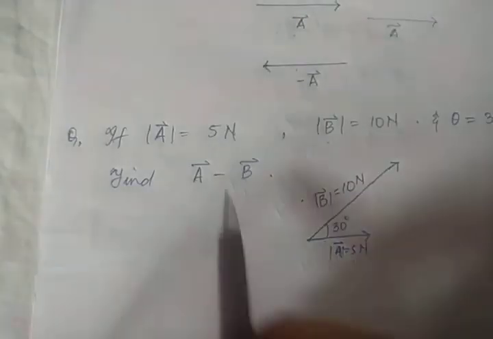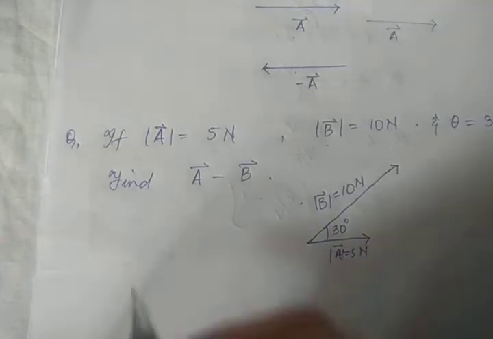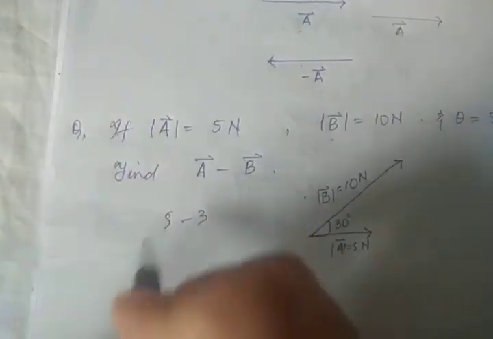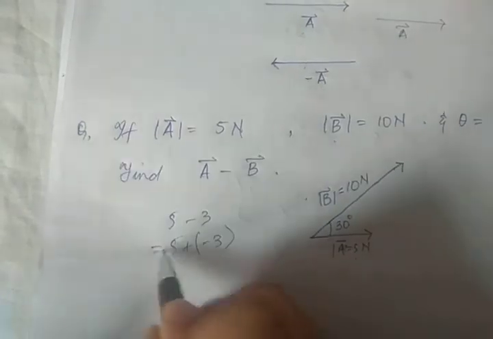Since the question says find A minus B, remember addition and subtraction are one and the same thing, because if it is 5 minus 3, I can rewrite this as 5 plus minus 3.